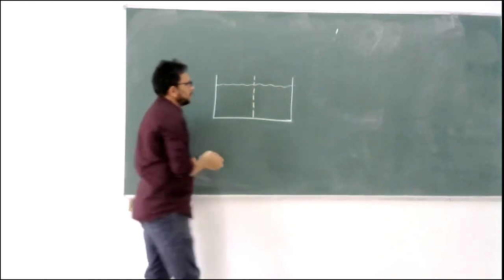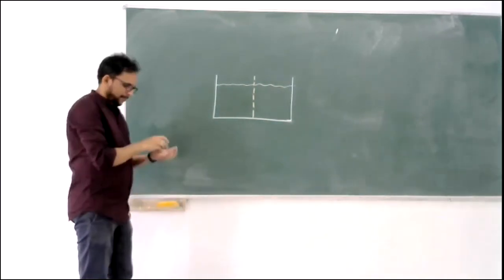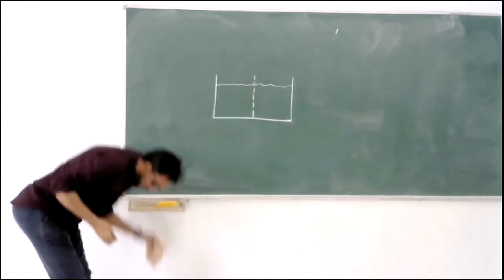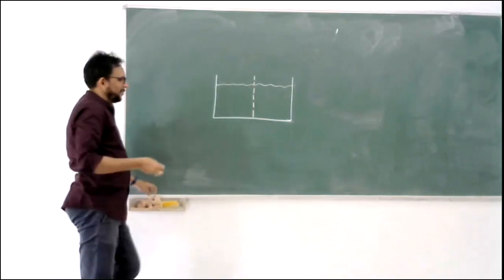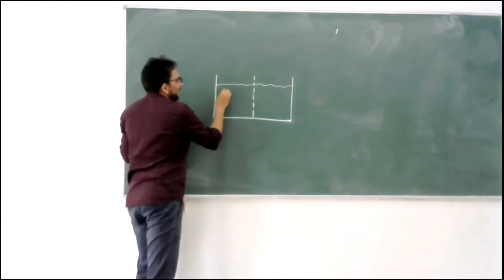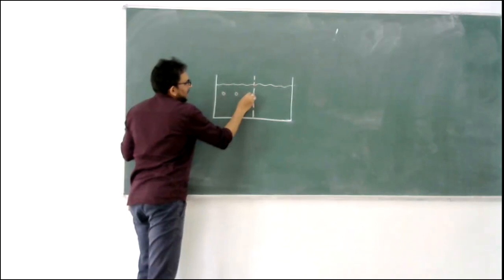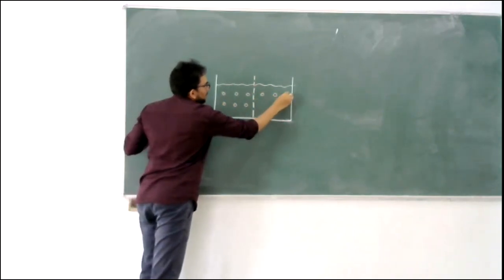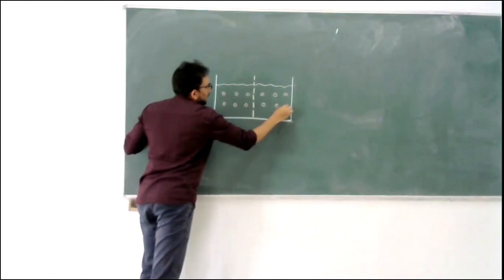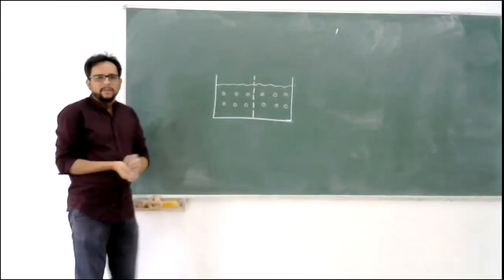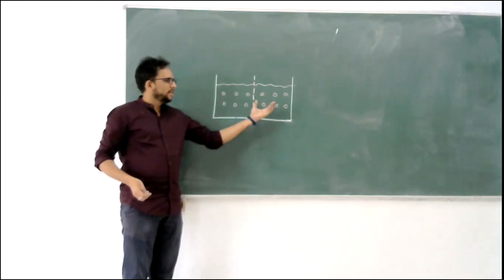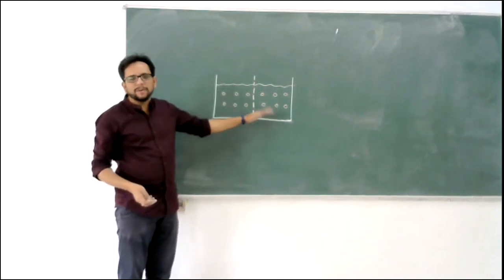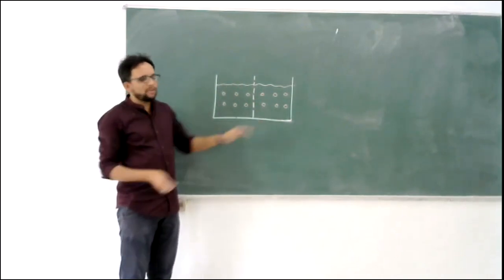Let's assume both of these are equal shapes, and there are certain solute molecules on both sides, right? Equal volume of water, equal number of solute molecules, isotonic solutions.